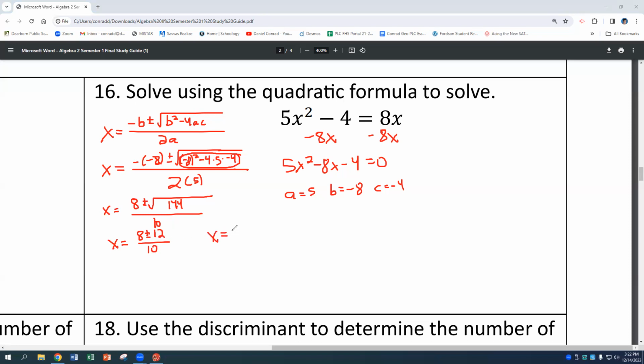I'm going to have x equals 8 plus 12 over 10, which is going to give me 20 over 10, which is going to give me an answer of 2. And then the other one is 8 minus 12 over 10, which is going to give me negative 4 over 10, which if I reduce that is going to give me negative 2 over 5.